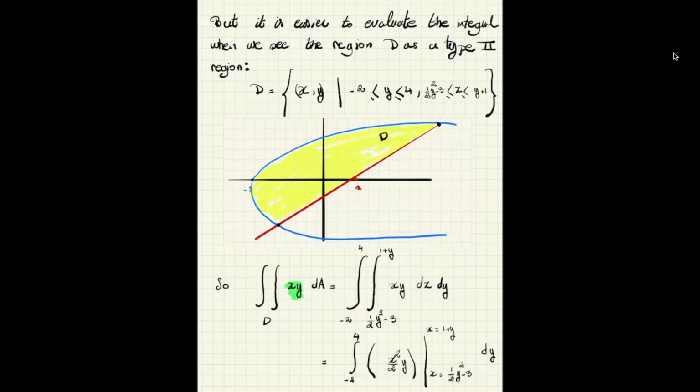Once again, if you didn't have this xy, you would be just computing the area of D. But because you have this function inside, this is the volume under the function. It makes sense because when xy is equal to 1, you just have a cylinder with base D, which has the area of D. It's just the high school formula: the area of the base times the height of your cylinder, which in that case is 1.